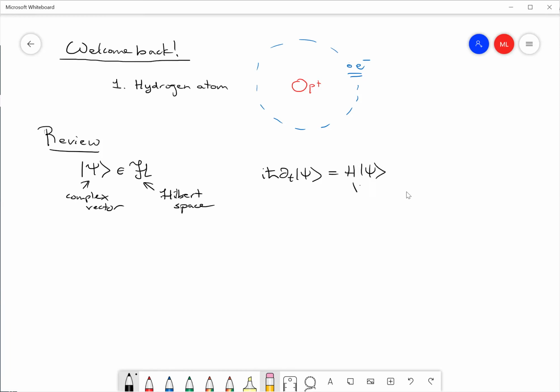H here is our friend, the energy operator, the Hamiltonian. It's Hermitian, with real eigenvalues, which are the energy levels. We spend a lot of our time trying to understand the spectrum of this operator. So we find the eigenvalues and eigenvectors.